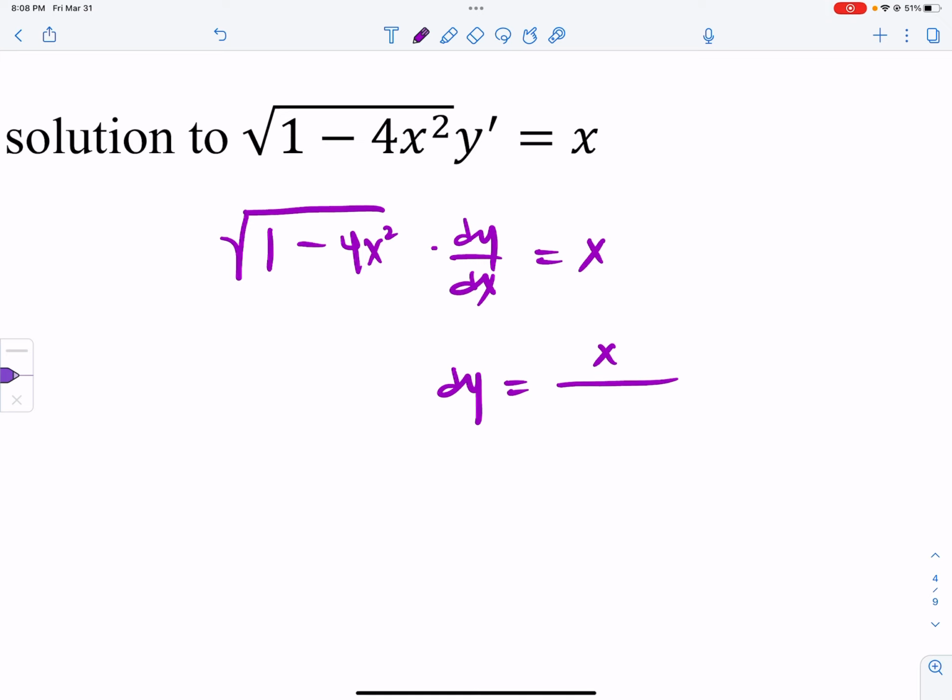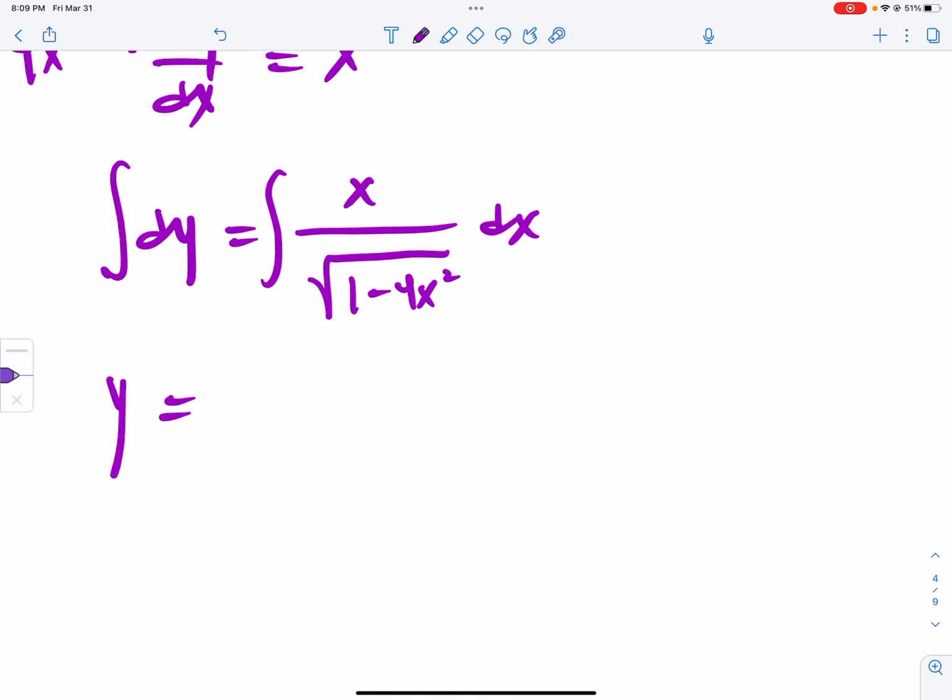So dy is going to look like it's by itself on the left-hand side of the equation. But that's okay. We can still think about integrating, and that's the same as integrating 1, right?